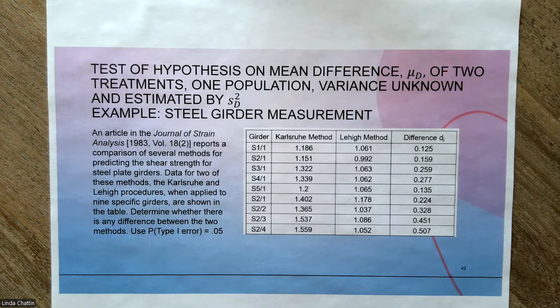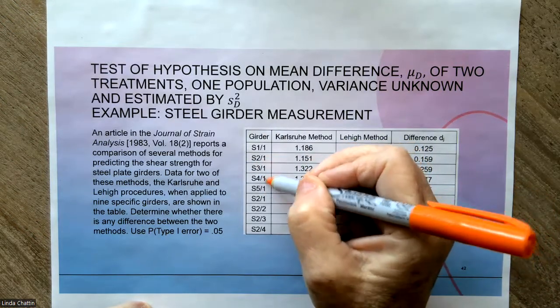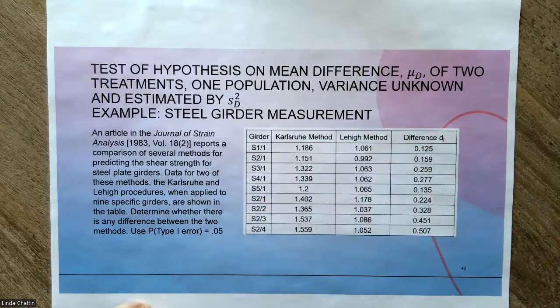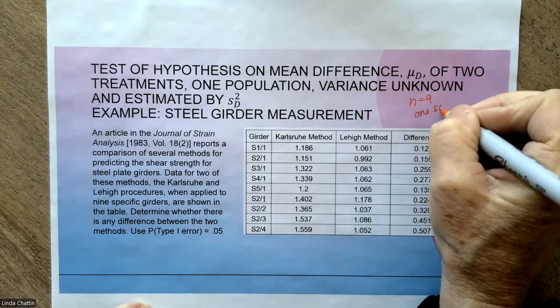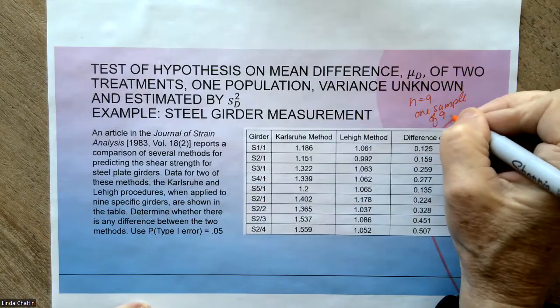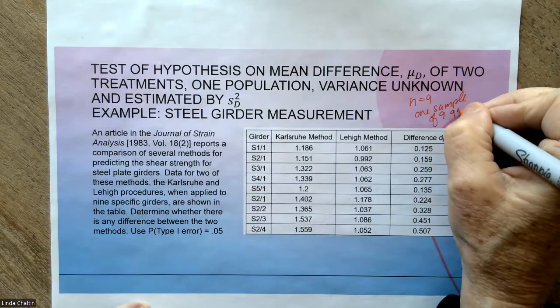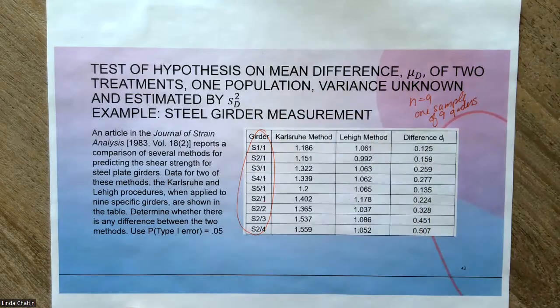So let me make sure we have one sample of 2, 4, 6, 8, 9. So we have a sample size here of 9. We have one sample of these 9 steel plates or girders. That's what it is here. And there are two conditions.